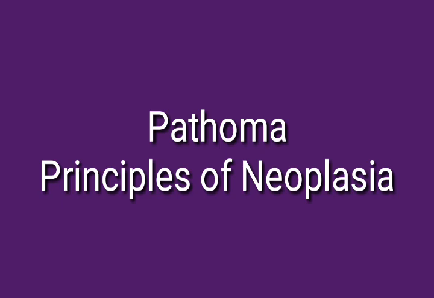Imagine if cyclin D, which sits on chromosome 11, gets translocated to the immunoglobulin heavy chain spot, so that now what's sitting here is cyclin D. Then you're going to get overexpression of cyclin D. And what does cyclin D do? Cyclin D allows the cell to go from the G1 to the S phase. All of this is high yield and shows up on examinations.